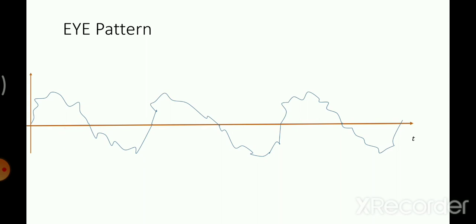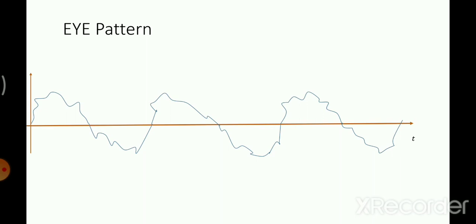So you will take each of these durations and superimpose them one by one over a single period. That means you take the segment of this waveform and overlap each of them in a single bit duration. That will look like an eye. So it looks like an eye pattern. If the eye is wide open, that means there was very low distortion. But if the eye is closed, that means a lot of distortion is there, transmission is not proper.